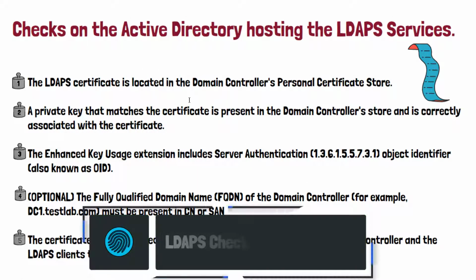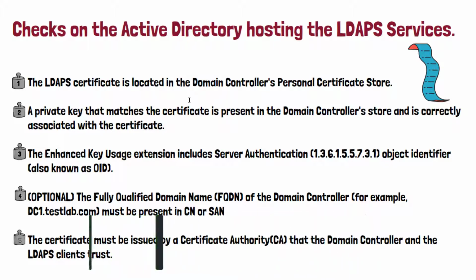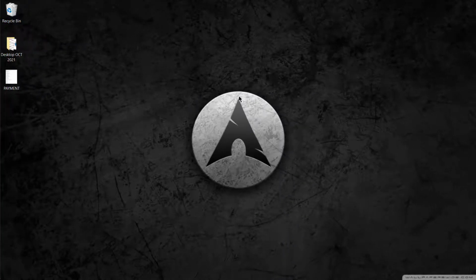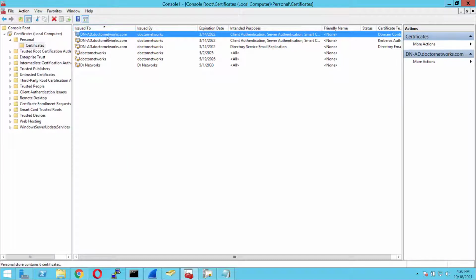Now it's time for check number 5. The certificate must be issued by a certificate authority, or CA, that the domain controller and the LDAPS clients trust. LDAPS clients are the ISE server itself, and if there is a user LDAP client like me trying to communicate with the LDAP server, I must trust the certificate authority that signed this certificate.